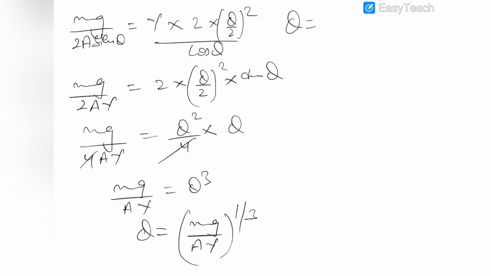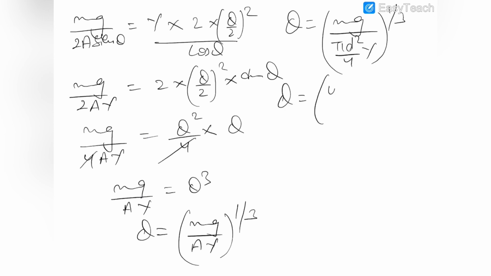Now theta is equal to mg by area, which is pi d square by 4, gamma to the power 1 by 3. So theta is equal to (4 mg by pi d square gamma) to the power 1 by 3.